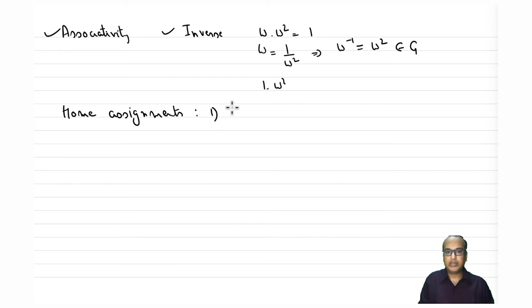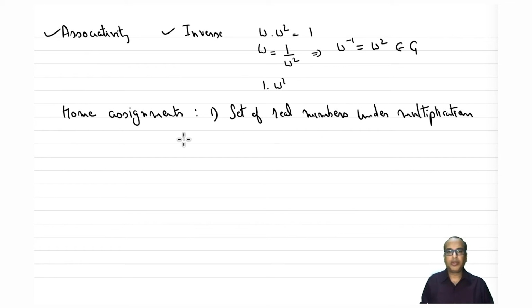One is the set of real numbers under multiplication. Then you can also look at cube roots of -1.